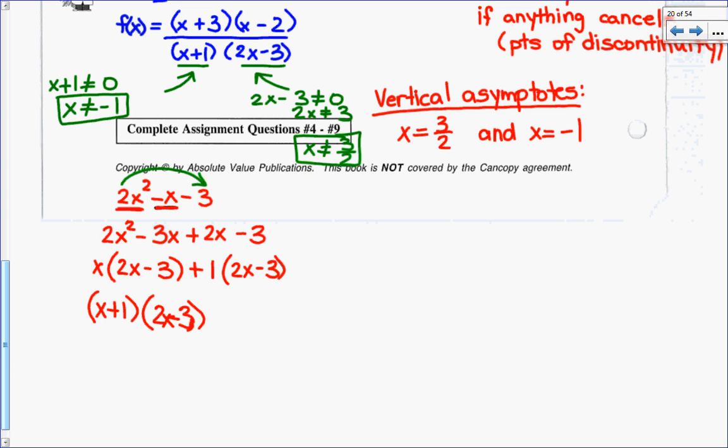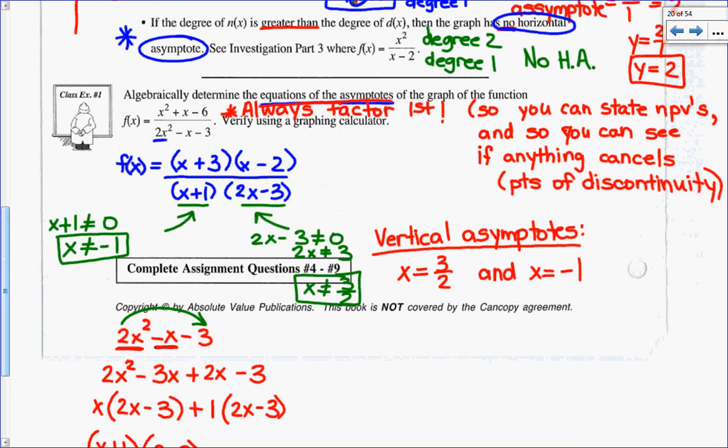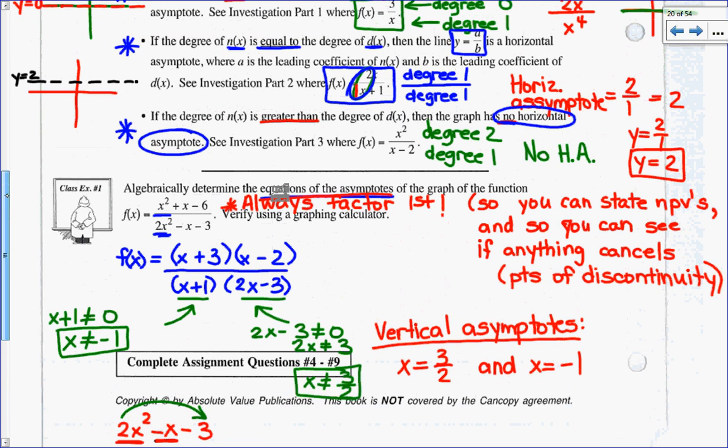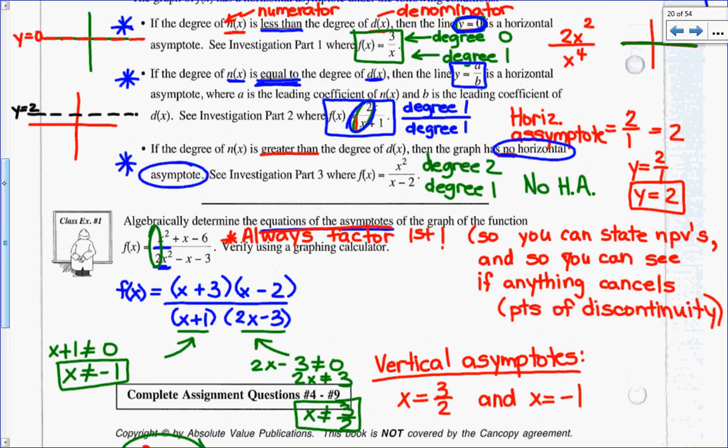Okay, now what about the horizontal asymptote? Well, let's look and see what the degree is of each of my numerator and my denominator. I've got degree 2 in the numerator and degree 2 in the denominator. If the degree of your numerator is equal to the degree of your denominator, it's just the ratio of the coefficients. What's the coefficient of the x squared in the numerator? It really is 1x squared over 2x squared, right?